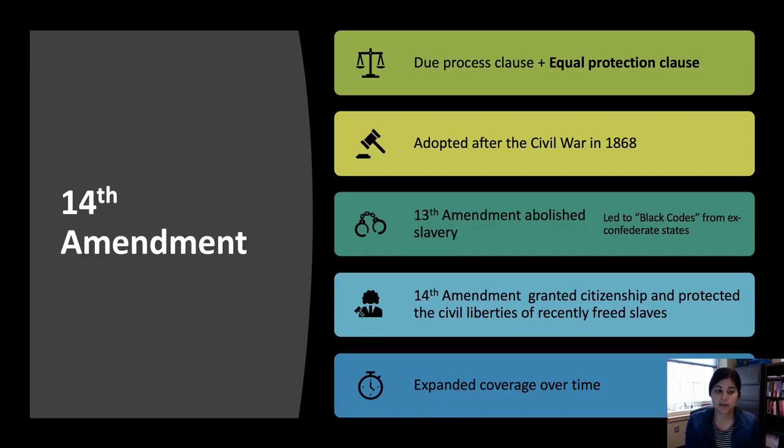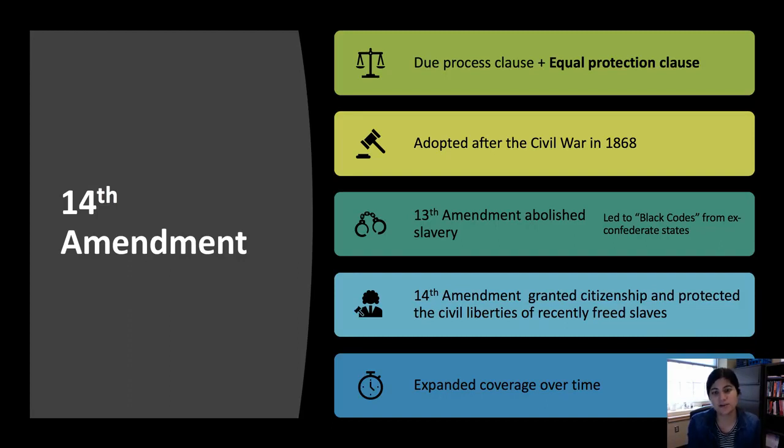But unfortunately, the 13th Amendment did not quite do enough, because you still had states in the South that were creating their own policies and laws, basically known as black codes, which basically made it impossible for those recently freed slaves to pursue any kind of normal life where they were provided basic protections under the laws.